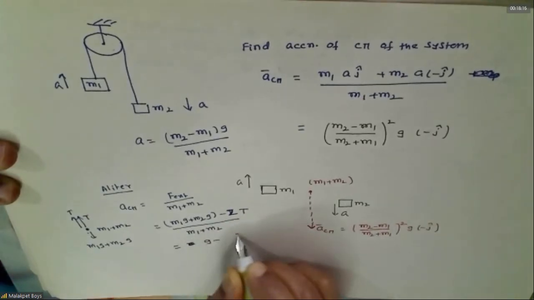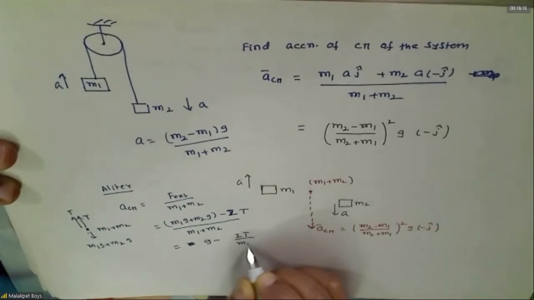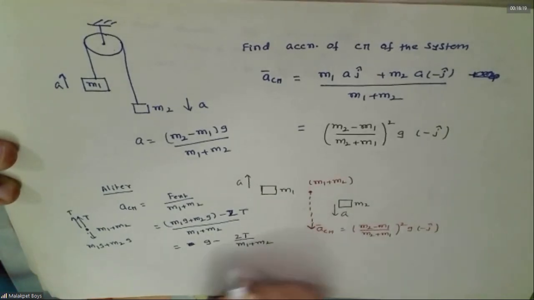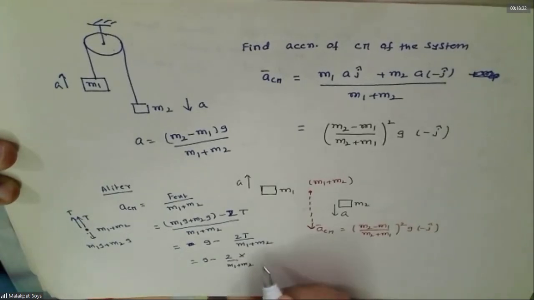This gives you g minus, earlier you found tension. Remember this? Earlier, 2g. Earlier you found this.